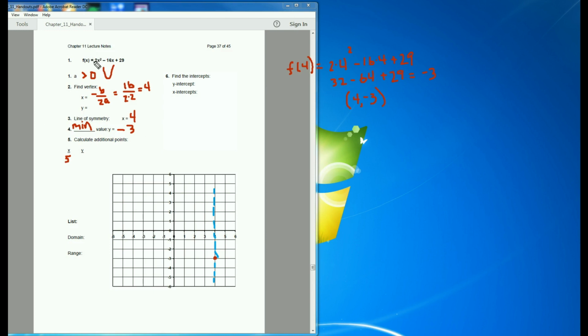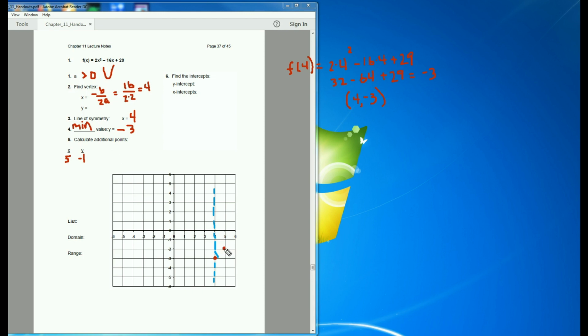So you're going to do 2 times 5 squared minus 16 times 5 plus 29. And when you do all that, you should find that y equals -1. Only potentially tricky thing is, remember you have to do that 5 squared first, then multiply by 2 for the correct order of operations. So we have the point 5, -1.